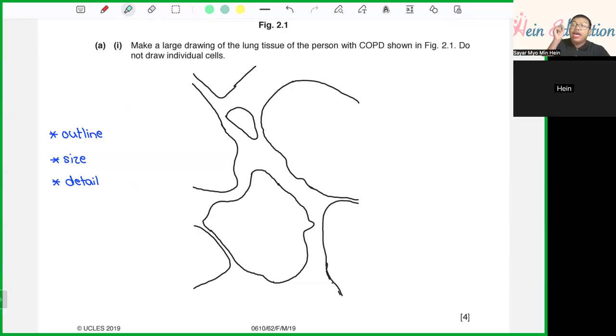So make sure you draw something larger than the provided diagram and pay attention to the details. What I mean by detail is that you try to reproduce it as identically as possible. Don't just draw something you think is the same. So outline, size, and detail are important.